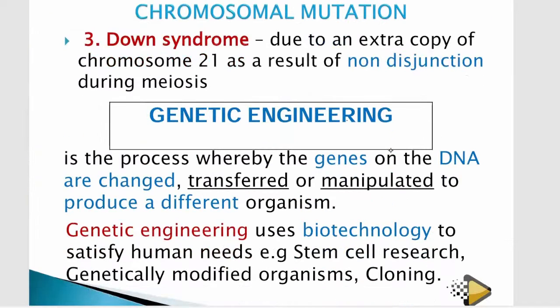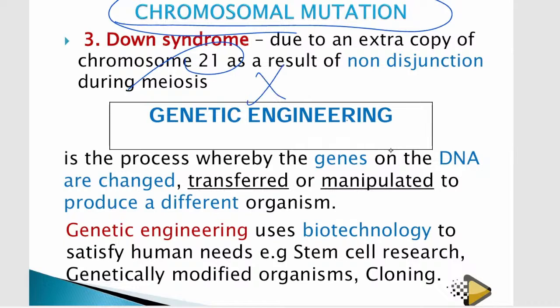So if a mutation does not occur on the bases only, but on the number of chromosomes or the structure of a chromosome, we call it chromosomal mutation because it is a chromosome which has changed. Sometimes we call it chromosomal aberration, but it's better to call it chromosomal mutation. It's the same thing. An example is the known example, Down syndrome, whereby you have an extra copy of chromosome number 21.